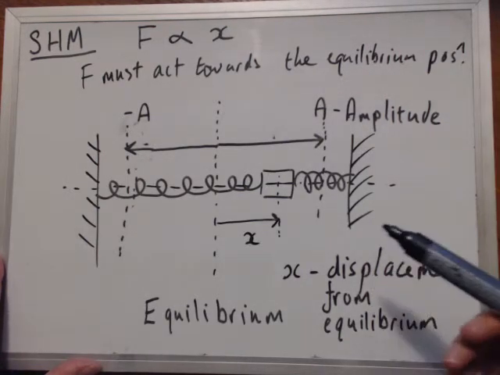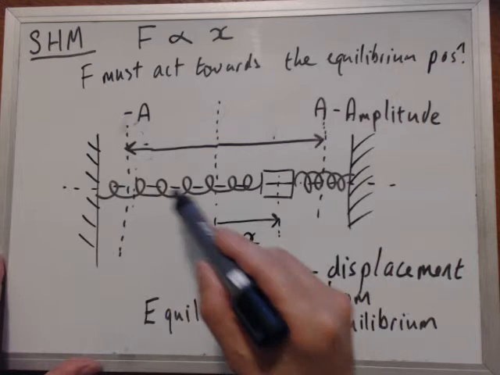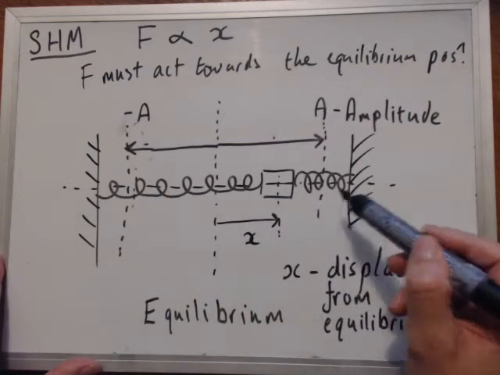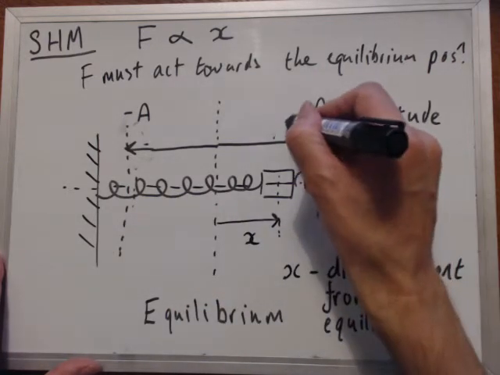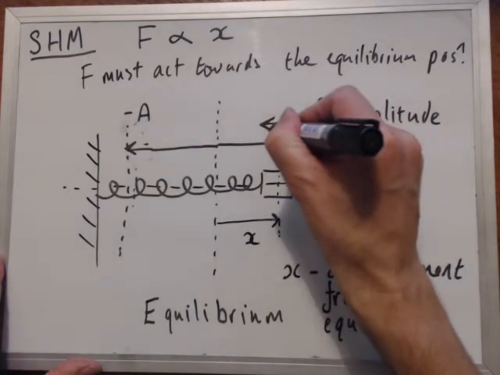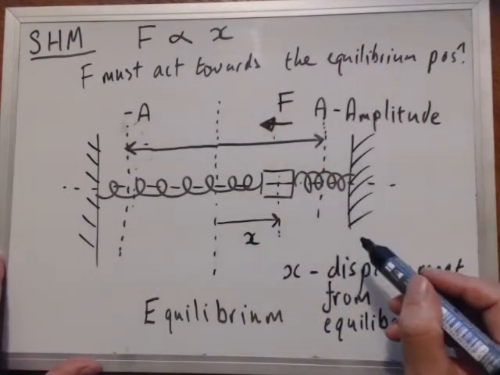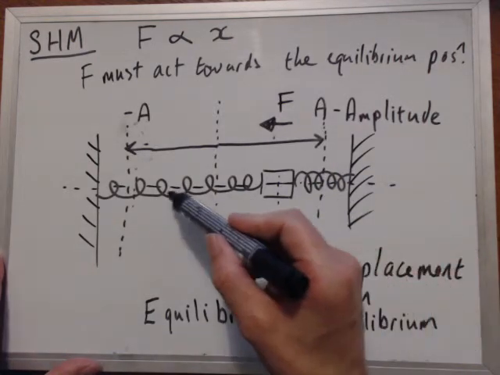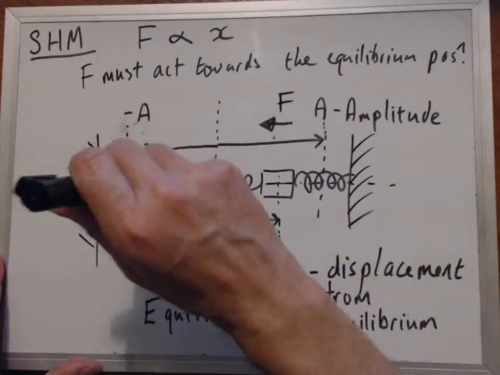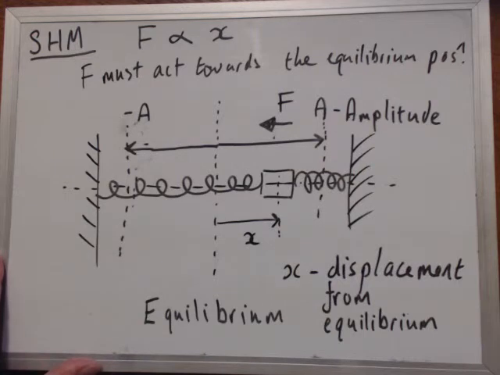Okay, so if we look at this diagram here, as you see, this spring is stretched, this is compressed, so the force would be acting here towards the equilibrium position. And of course, when the body is on that side, again, the force will be acting towards the equilibrium position.